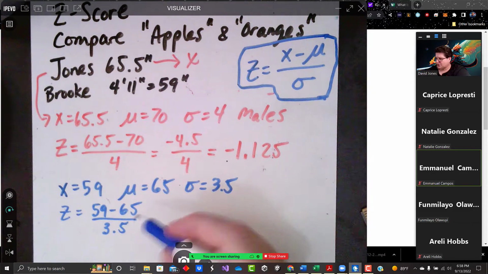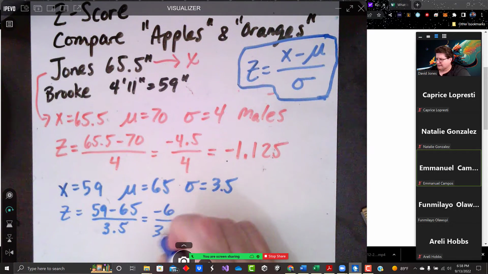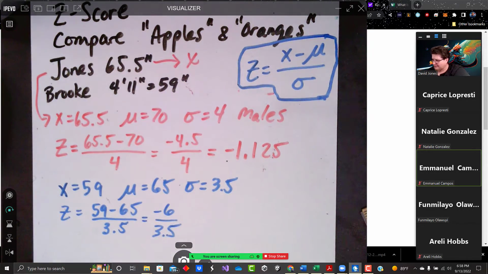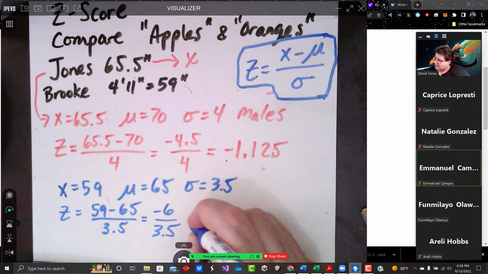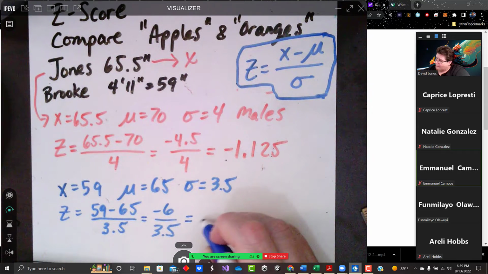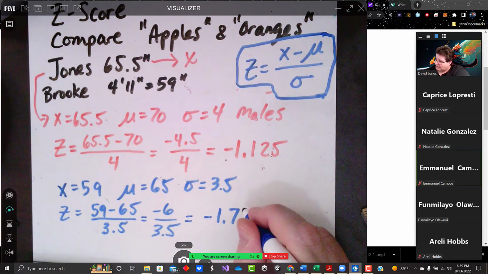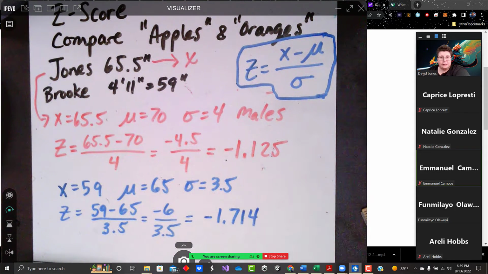I do the subtraction first. 59 minus 65 is negative 6 over 3.5. And that is about negative 1.7. I'll do as many decimal places as I had up there just to match up.